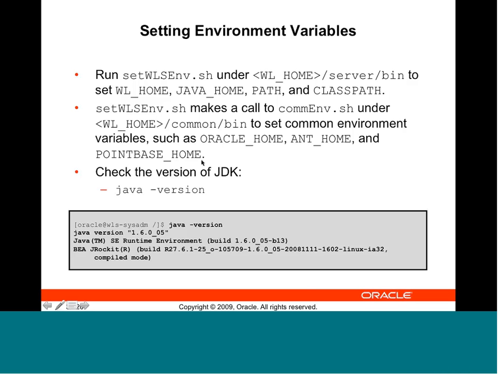Pointbase is the default database which is distributed along with your WebLogic server to maintain internal configurations, right? If you have Oracle, you can also specify Oracle home, right? So these are some of the environment variables which are set. It's not necessary that you run these files, you can go and set it manually as well.